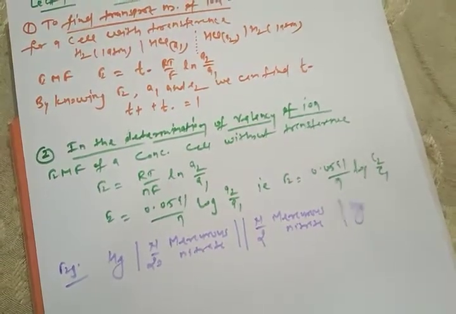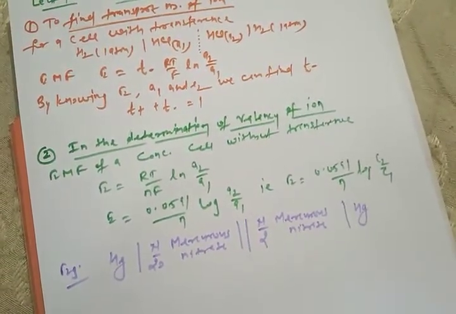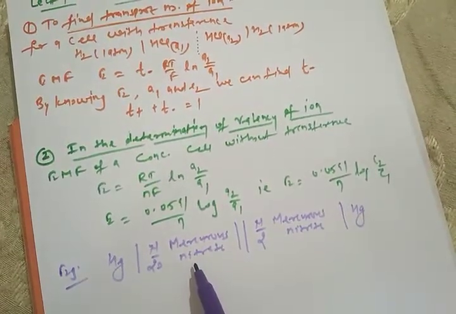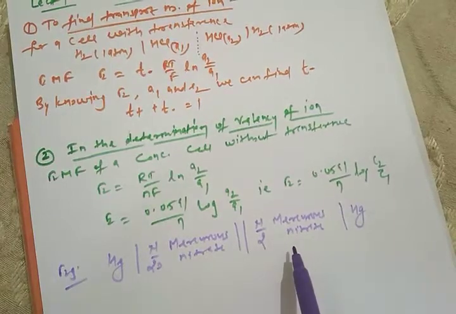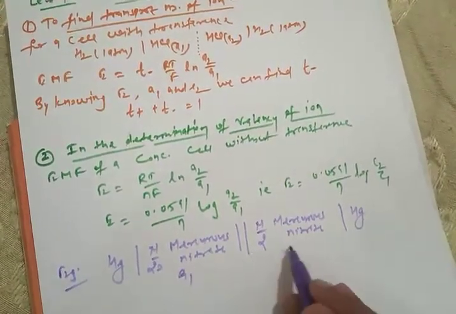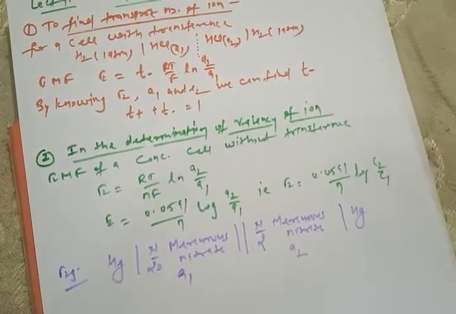So here we can find out that valency. Now in this case, this one is the activity 1 and this one is the activity 2, or this one is the concentration. You can write this A1, this is A2. So you have been given the values.